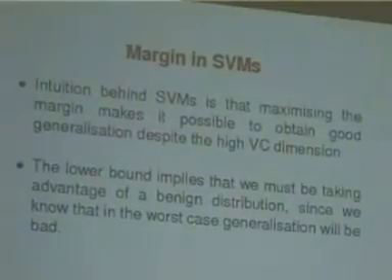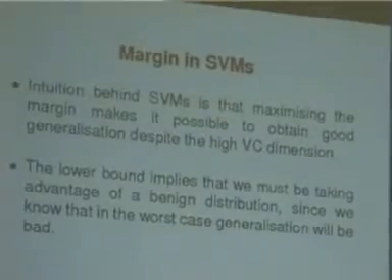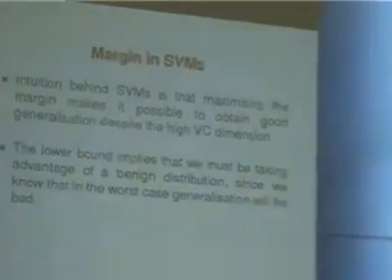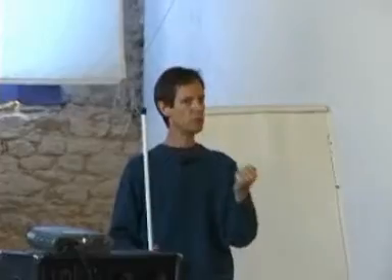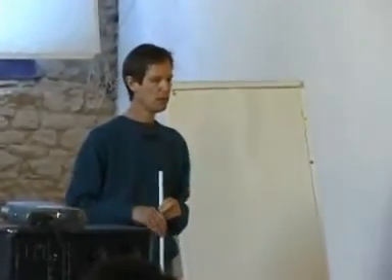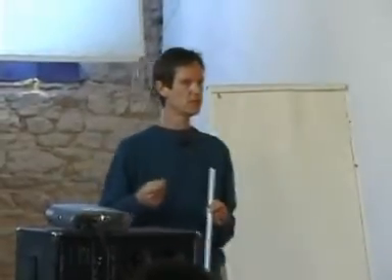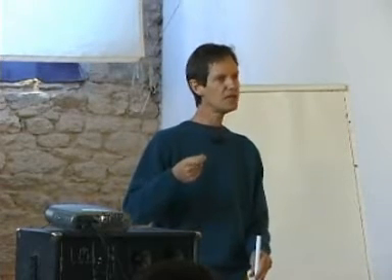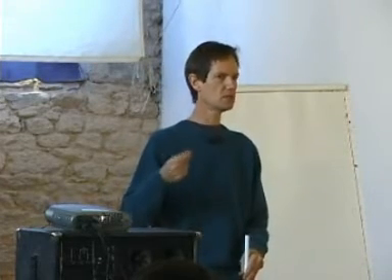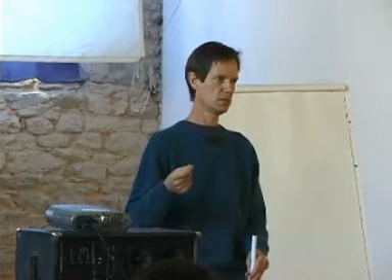What's happening? There's a critical difference between the upper bound and the lower bound. The upper bound says that for every distribution, you're going to have better performance than the VC bound. The lower bound says there exist distributions for which you are forced to make this error. So what we're effectively using here is the fact that the distributions you meet in practice may not be as nasty as the worst case distributions.